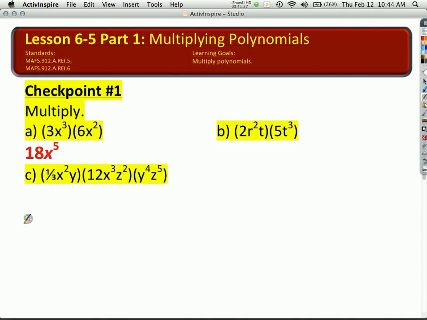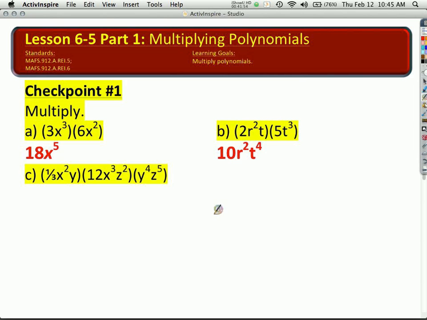T to the fourth, r to the 6th. Okay, so it seems like we got some disagreement. So it's 10r squared t to the 4th. If you put t to the 4th first, that's fine. But usually when we write these expressions, we write the letters in alphabetical order. So r comes before t alphabetically, but it's not that big a deal.